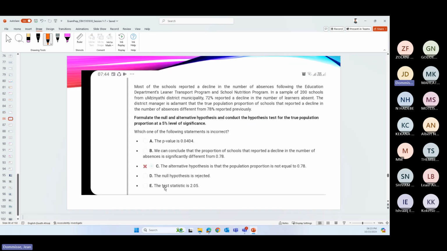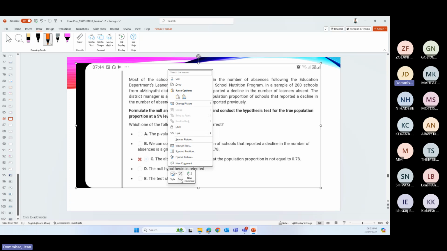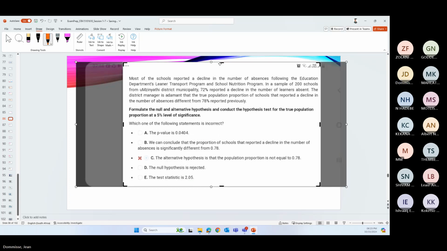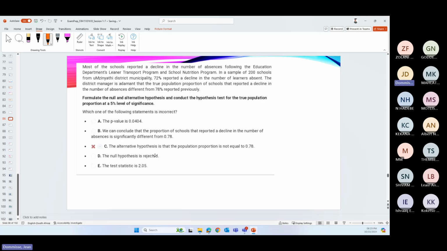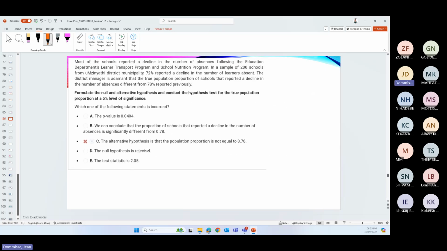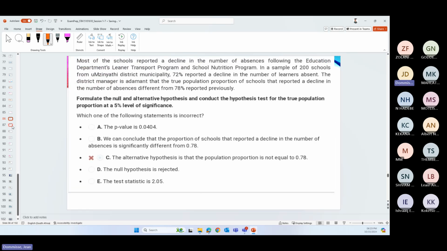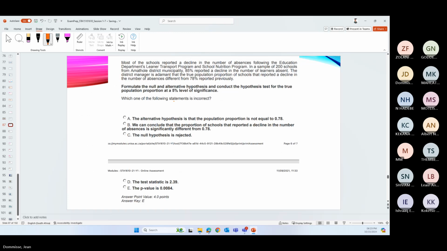Okay, so next one, and let me just crop this a bit. And again, we have this repeated in another year. So you could see a very similar question. The thing that has been changed is the 85. We still have 200.